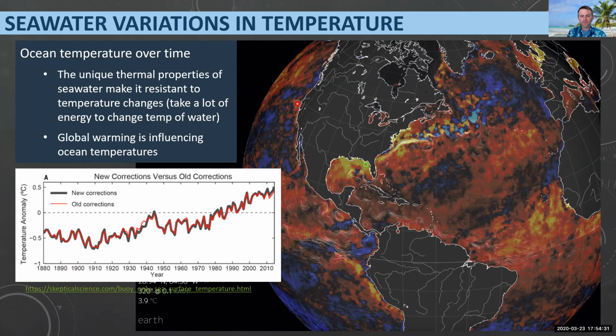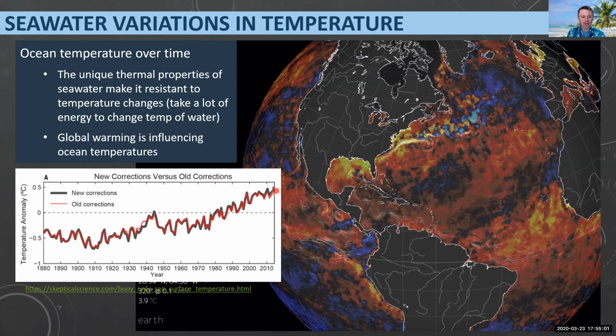However, the bad thing is if we keep pumping heat into the ocean, it takes a long time for that heat to start registering and be measurable. But what we've noticed over the last 120, 140 years or so, if you look at this graph down here on the bottom, is that the sea surface temperatures have been gradually, steadily rising.